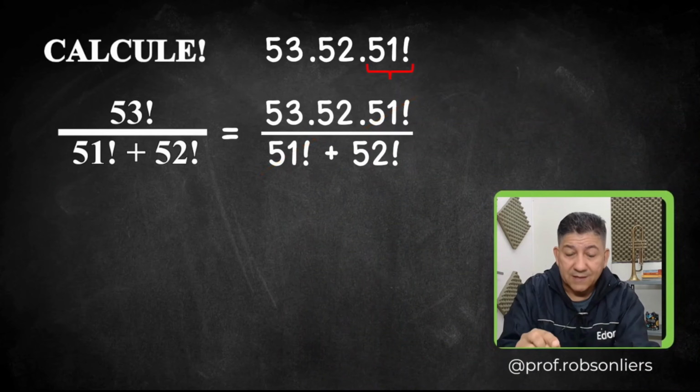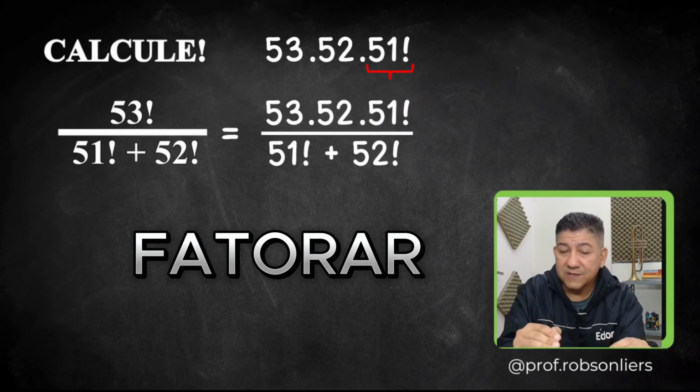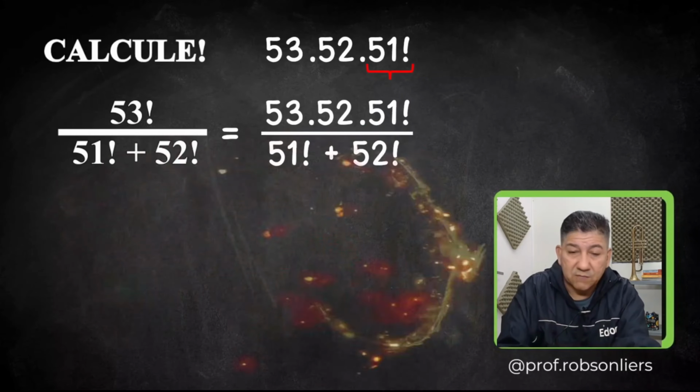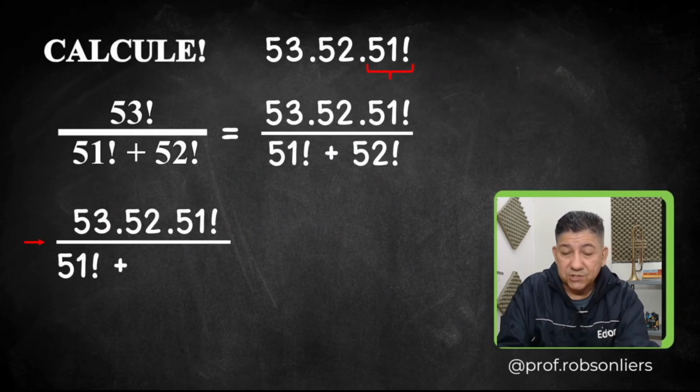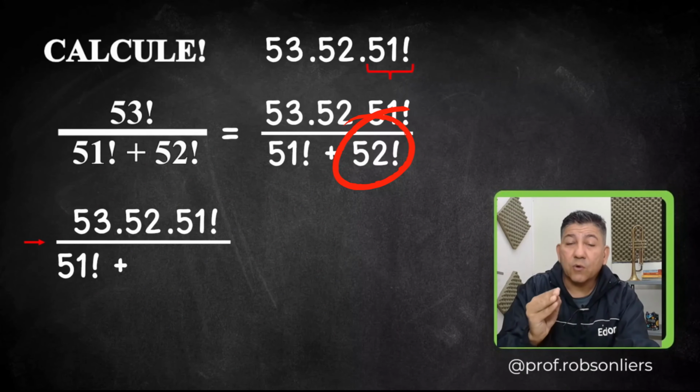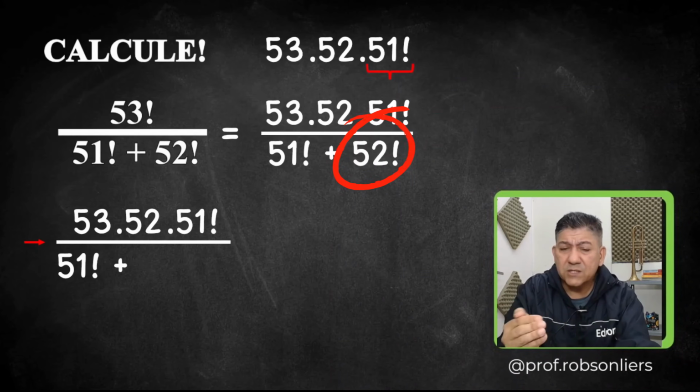Relax, take a look. Below, in this sum, 51 factorial plus 52 factorial, we have to rewrite this sum as a product. In other words, we have to factor this. And how do we do that? Take a look. Let's repeat the one above. 53 times 52 times 51 factorial. Now for the bottom, 51 factorial plus 52 factorial below, we can write as 52 times 51 factorial, the same thing we did above.